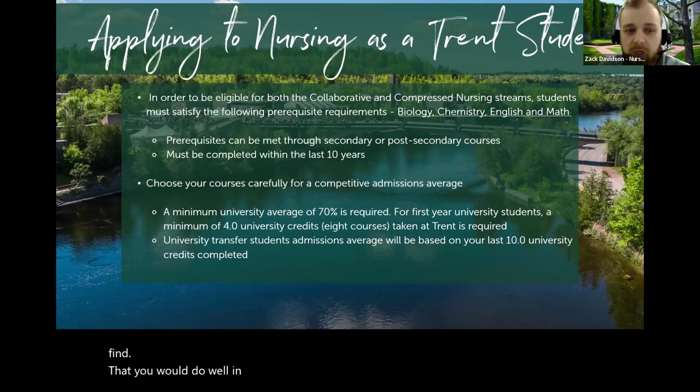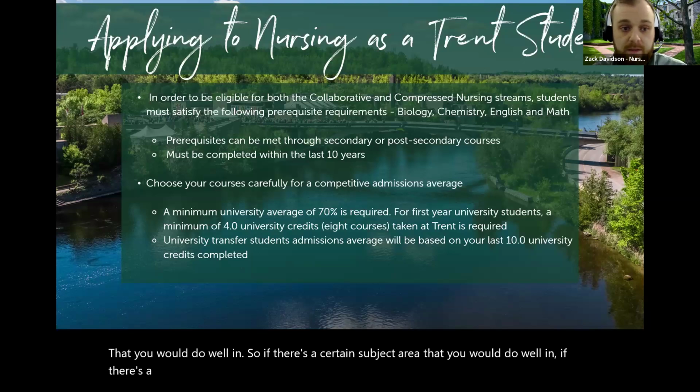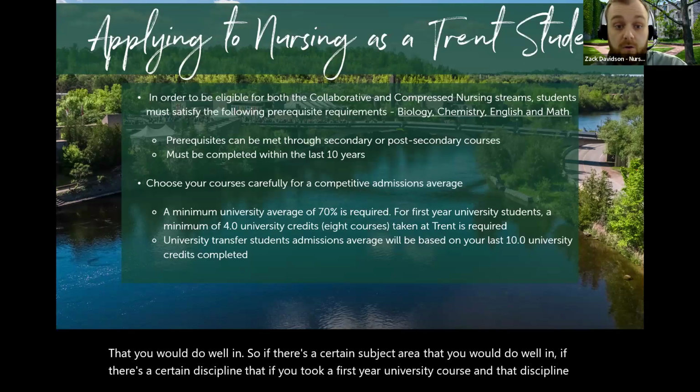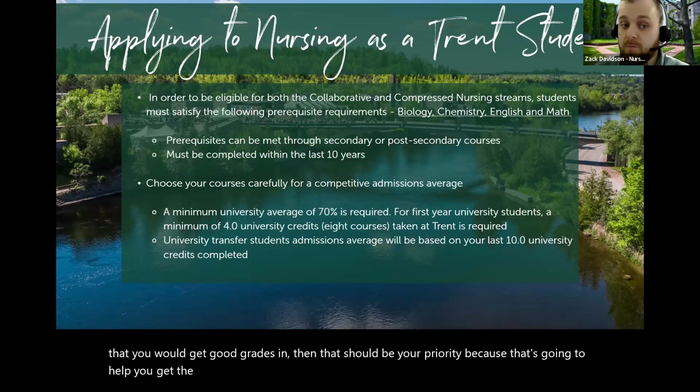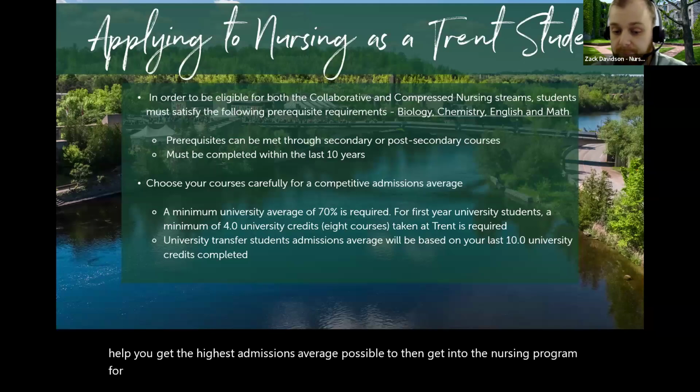If there's a certain subject area or discipline where you know that if you took a first year university course, you would get good grades, then that should be your priority, because that's going to help you get the highest admissions average possible to then get into the nursing program for 2026.